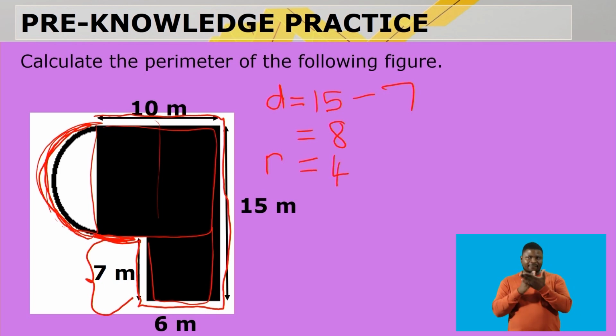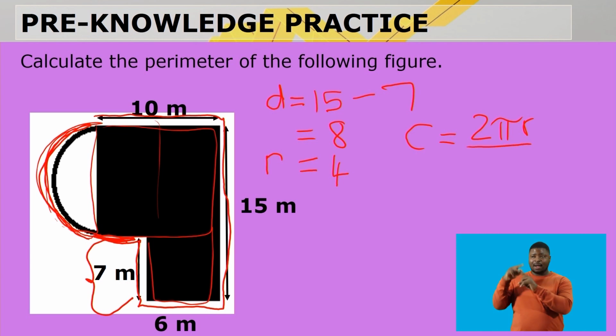If we calculate the circumference there, it's going to be 2 by radius, but that is a full circle and we only want half a circle, so we're going to half it.